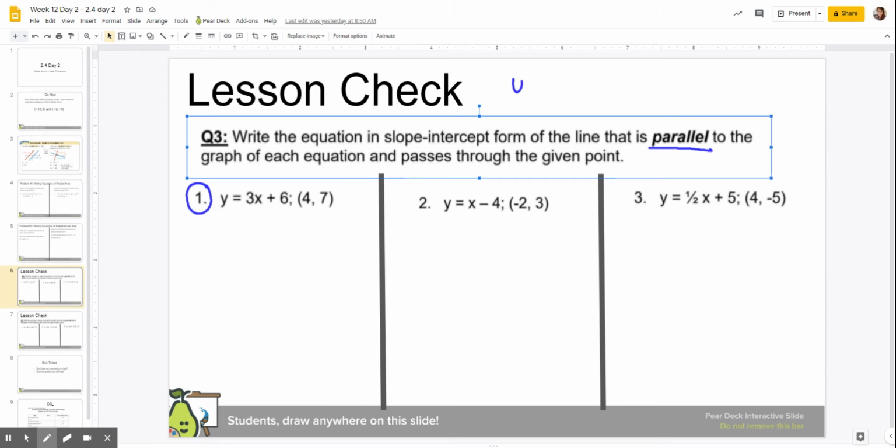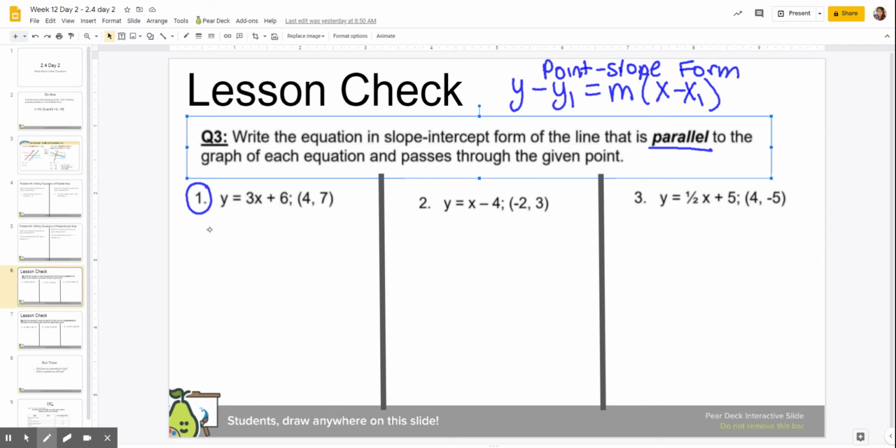So in class, we talked about this form y minus y1 equals the slope times the quantity of x minus x1. Remember, this is called point slope form. We use this form when we have a point given to us and we know we have a slope.